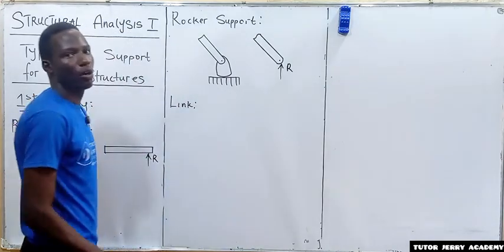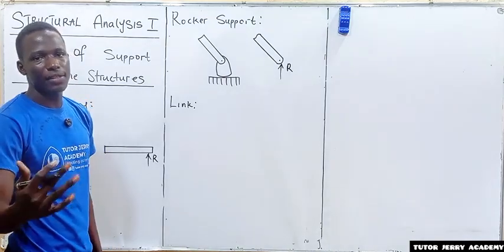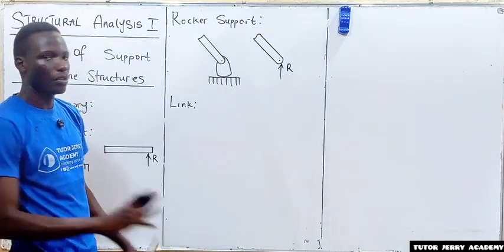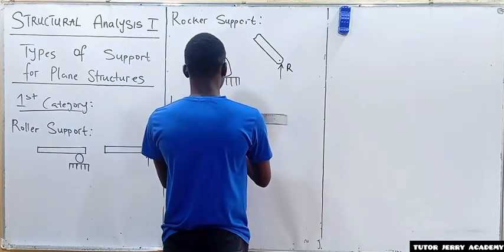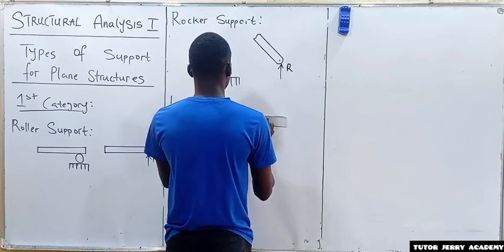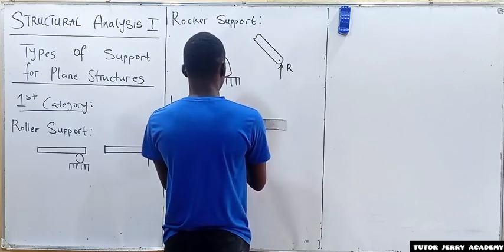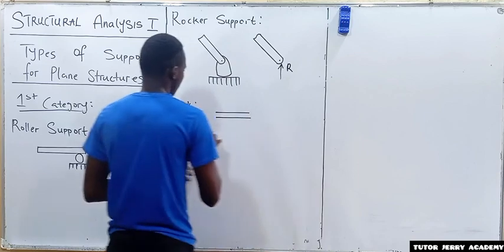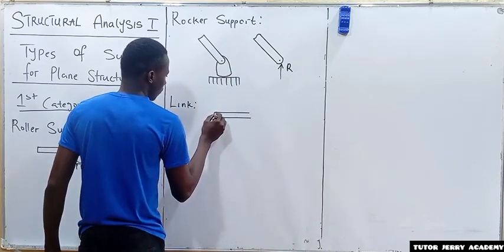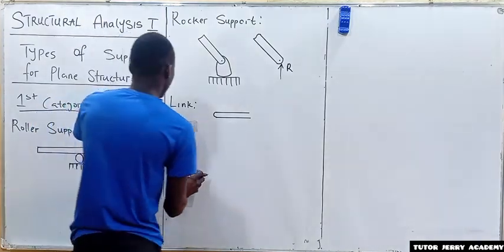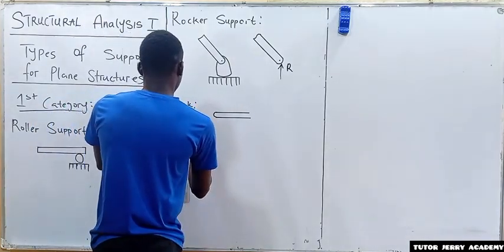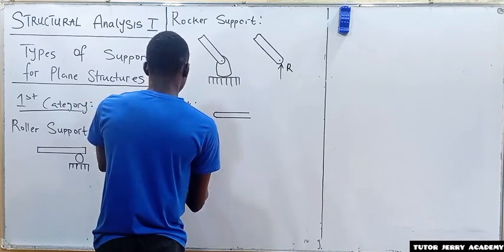So under link, we are going to be looking at the diagrams of this support. First we have this diagram. We have something like this. Pay attention to all of this.